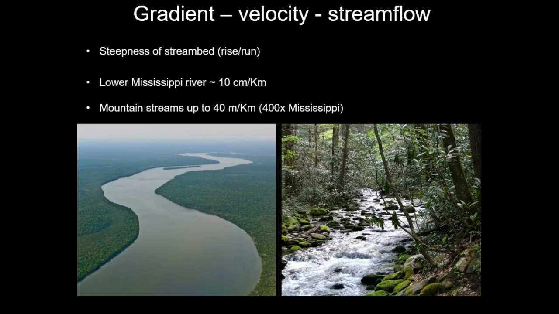So very low gradients. In contrast, some mountain streams will have gradients as high as 40 meters of vertical change over 1 kilometer of travel distance. So these mountain streams have gradients 400 times steeper than the Mississippi River.